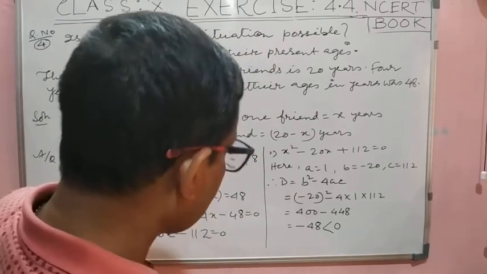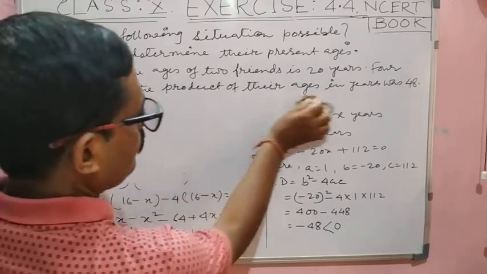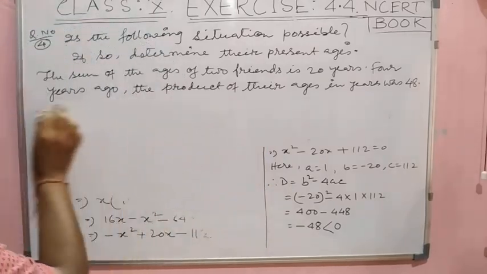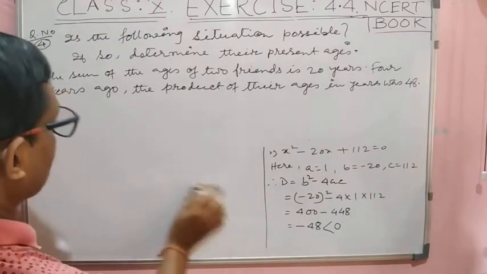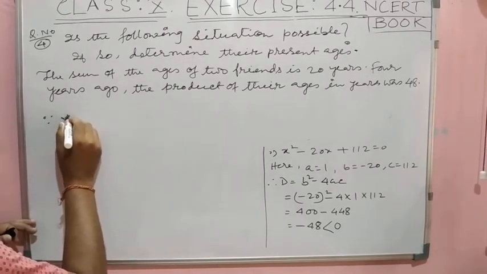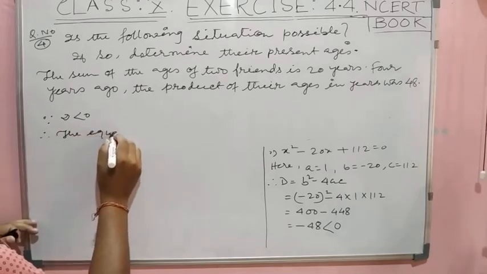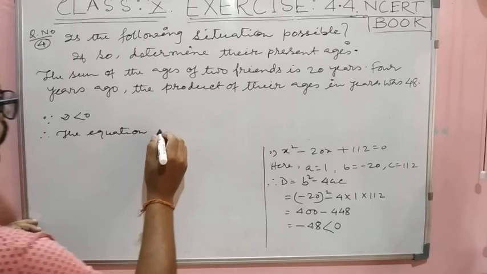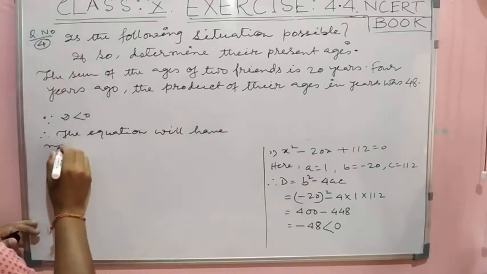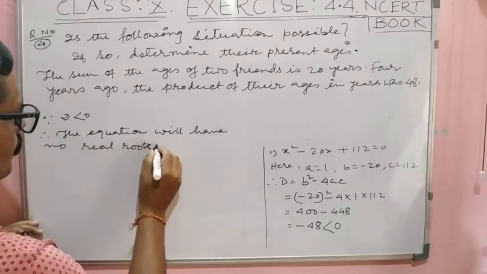So we'll write here, hence the roots of the equation are not real. Therefore, since D less than 0, therefore the equation will have no real roots.